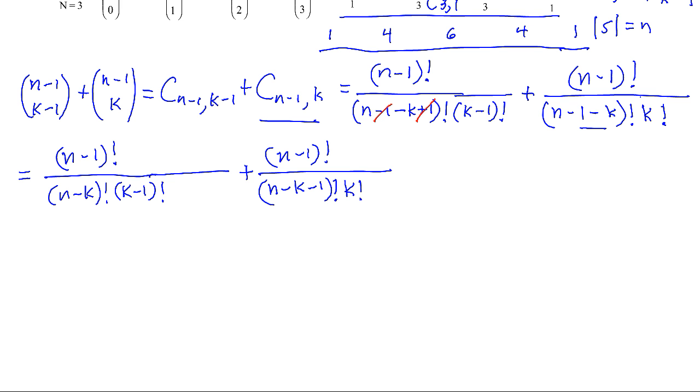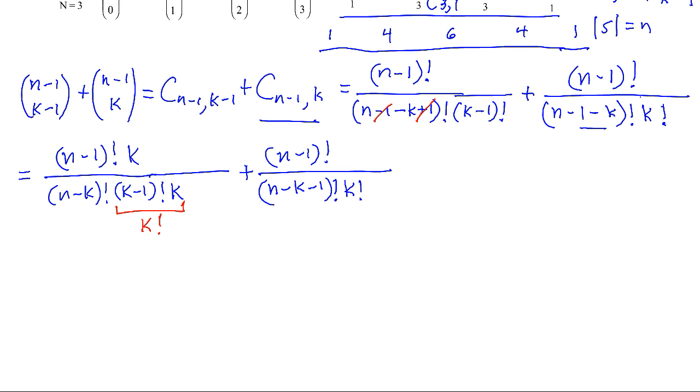I'm going to take (k-1) factorial and multiply it by k to get k factorial. And in order to compensate for the k in the denominator, I'm going to multiply by k in the numerator. And so I've gotten that part of it the same on both sides.